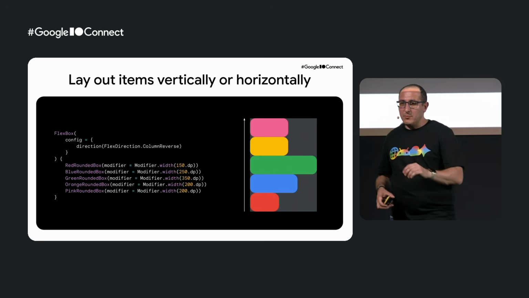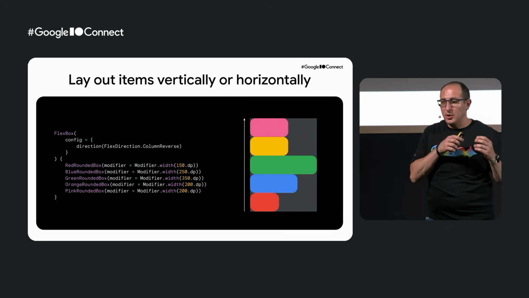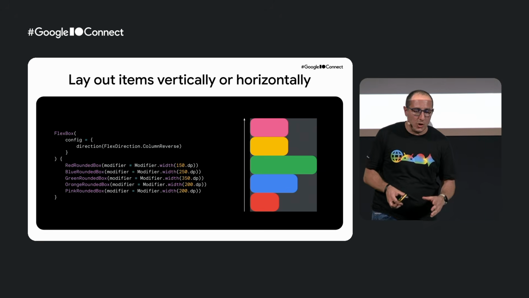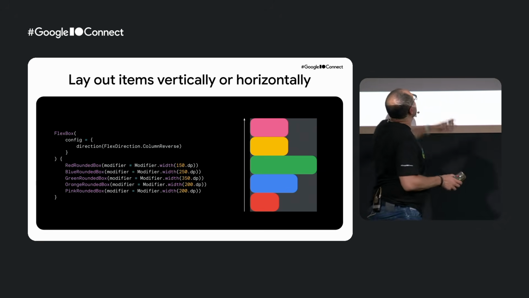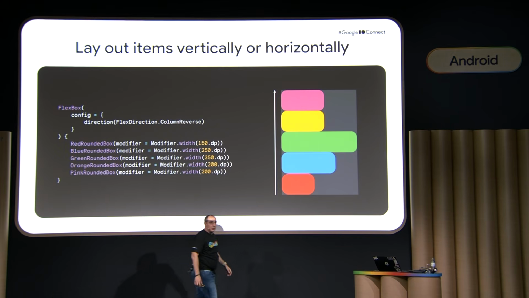This is very important, because this is the main direction that your UI is taking. So I want you to focus on the order in which we declare the items. You see, the first one is the red rounded box, which appears here at the bottom. Okay? That's because we declare the direction as being column reverse. So it will start from the bottom.